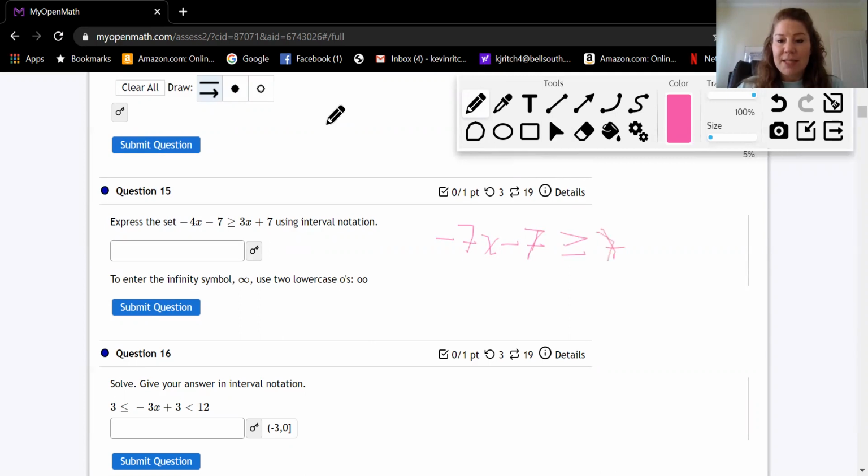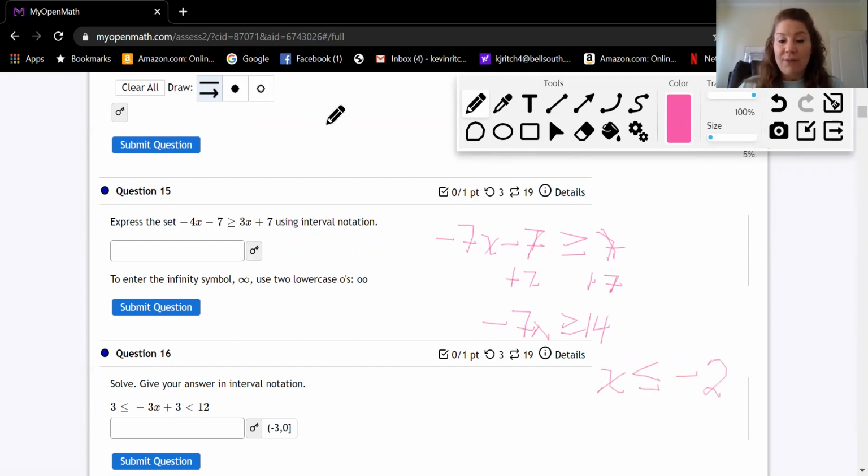Then, oh my gosh, it's supposed to be a 7. So then we're going to add 7 to both sides, plus 7, come on. So then we have negative 7x is greater than or equal to 14. Then we're going to divide by negative 7. That means we have to flip our sign. So 14 divided by -7 is -2.